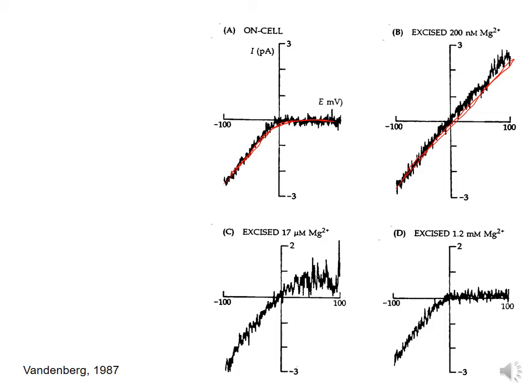So the inward rectification is conferred by some form of intracellular factor, in this case magnesium, because when magnesium on the intracellular side is restored to 1.2 millimolar, which mimics the intracellular levels of magnesium, the inward rectification is restored. Therefore, magnesium blocks these channels from the intracellular side and confers the inward rectification profile.